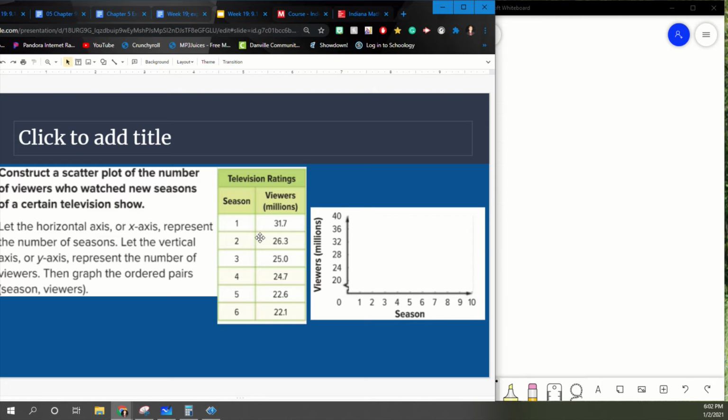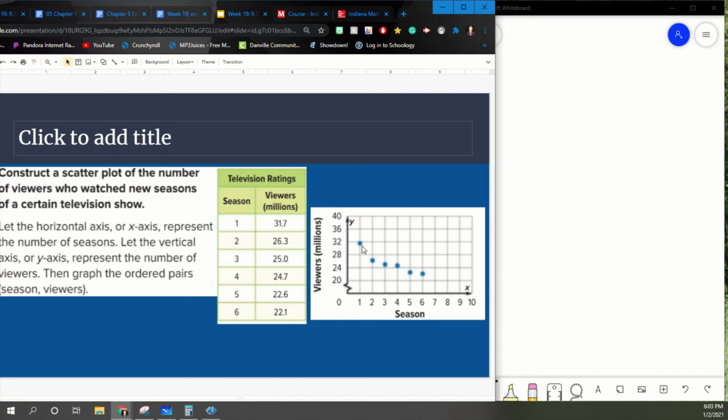On data like this, where I have 31.7 and I see that it's counting by fours, I'm not too concerned about the exact point where you put the dot. It just needs to be close to where that point would be. I see 32 is here, 31.7 is a little less than 32, so I'd probably put a dot right there for season 1.